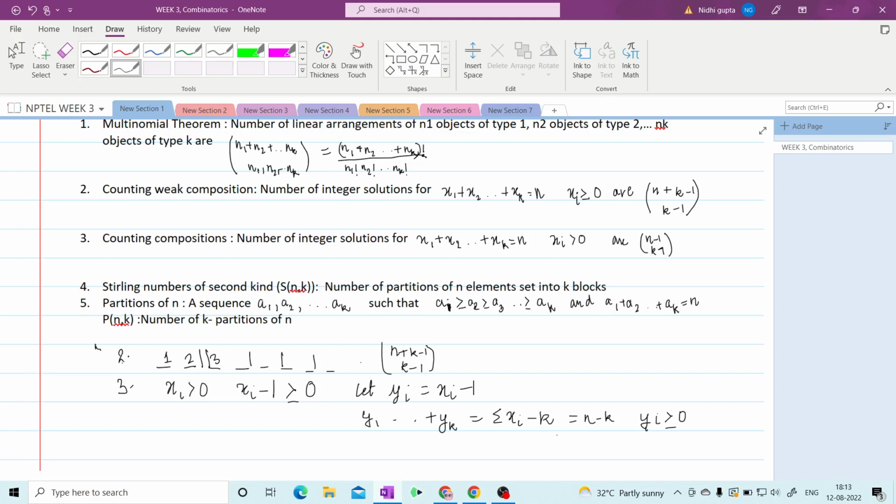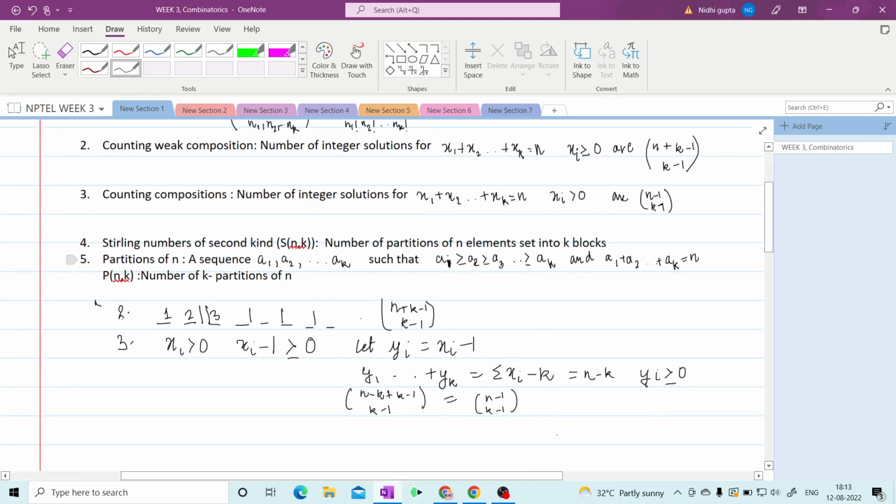And from the weak composition result we know the solution: since here n is n minus k, it will be n minus k plus k minus 1 choose k minus 1, which is just n minus 1 choose k minus 1. So this is the composition. So we have seen the difference between weak composition and composition.